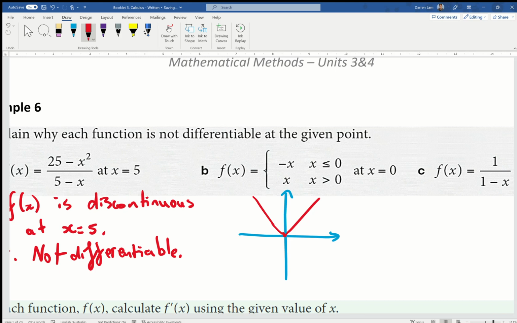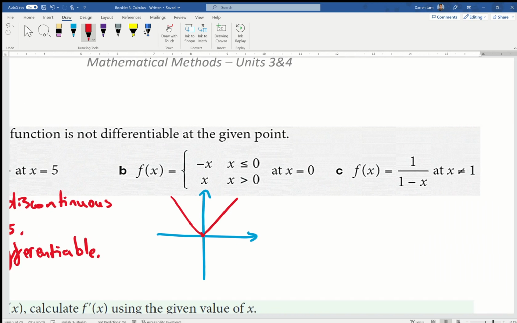It's not gradually changing like a turning point. Even if it's a very dilated turning point, it should still be differentiable at the turning point. But because this is not a turning point, it's just a change of gradient, it's got two tangents, not a single unique one. Therefore, it's not differentiable.